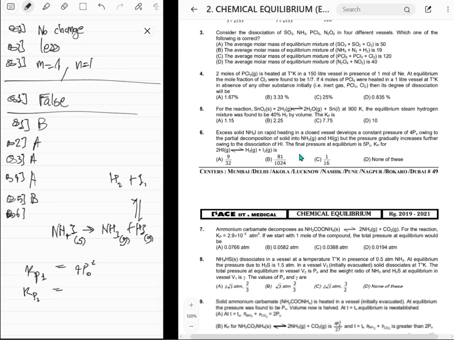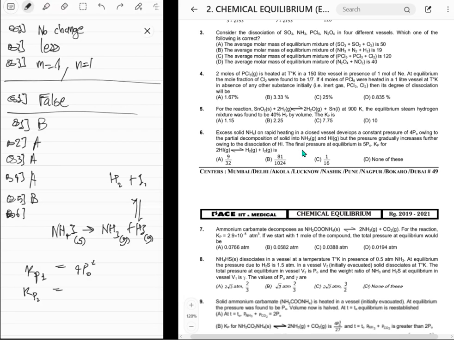This thing doesn't change the number of moles, so that reaction cannot change the pressure. Only this reaction can change the pressure, by increasing the number of moles by 1. So we have this plus 0.5 P naught and 0.5 P naught as well.